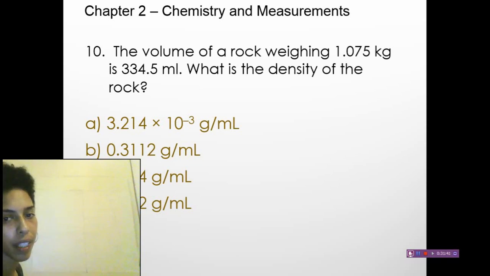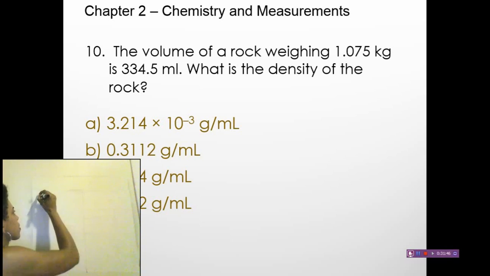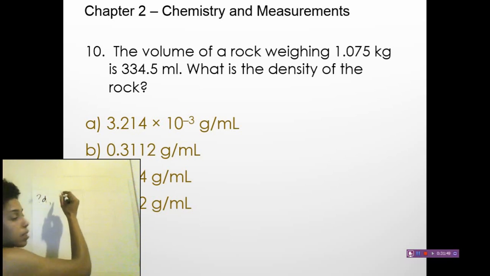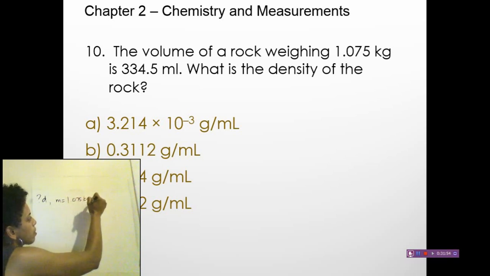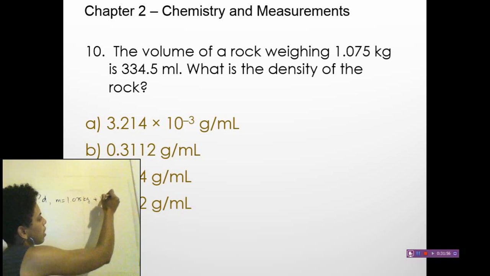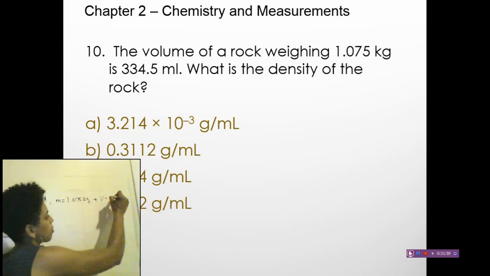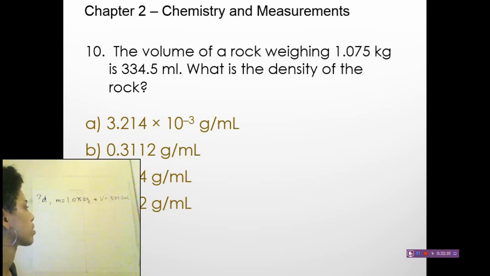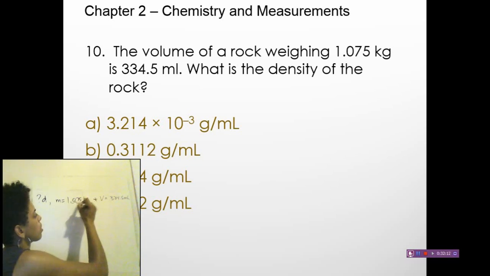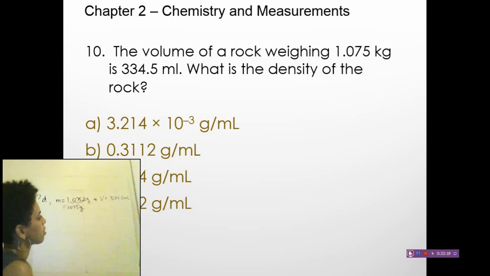So this question is asking, what is the density if the mass is 1.075 kilograms and the volume is equal to 334.5 milliliters. Well, we can change this mass to grams because remember, density is only going to be in grams. And so kilograms is 10 to the 3. So we move that over. So that's 1075 grams. All right.